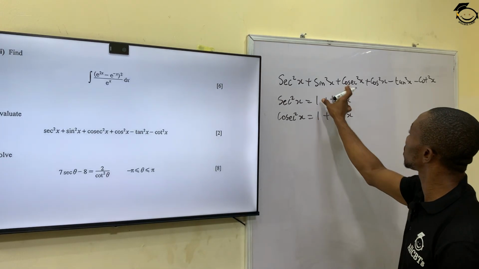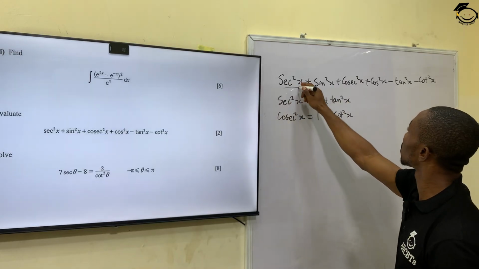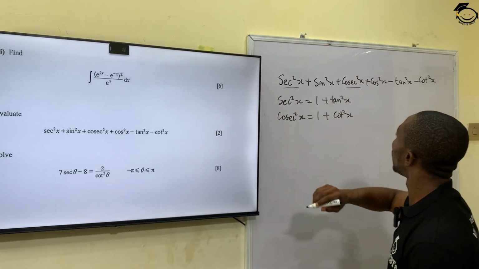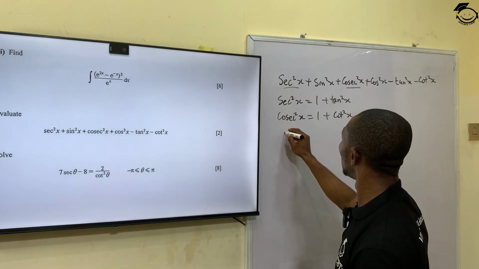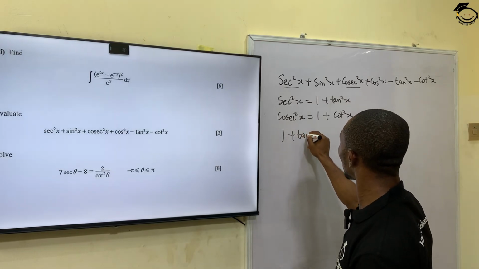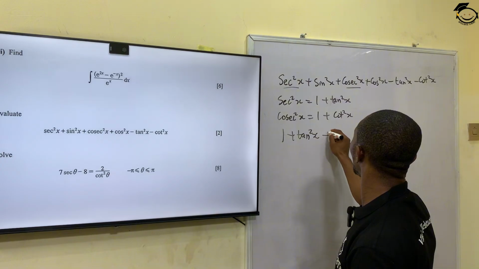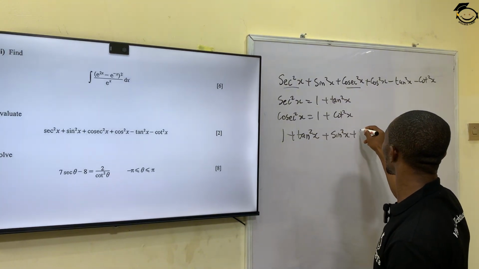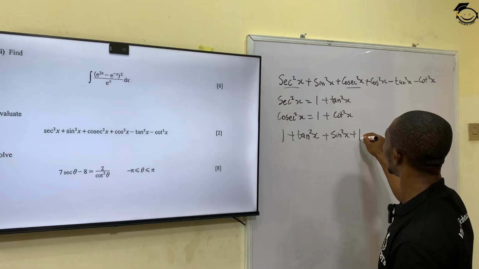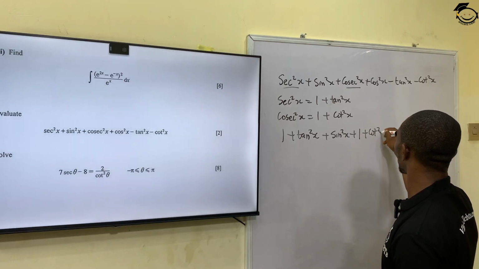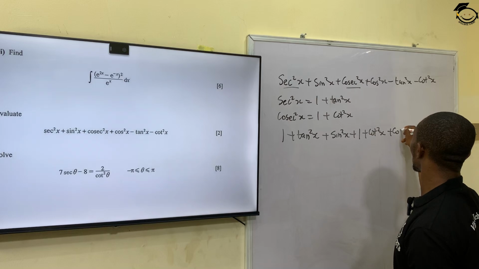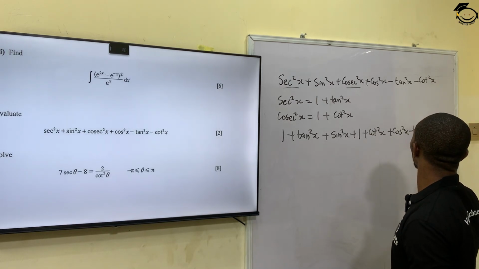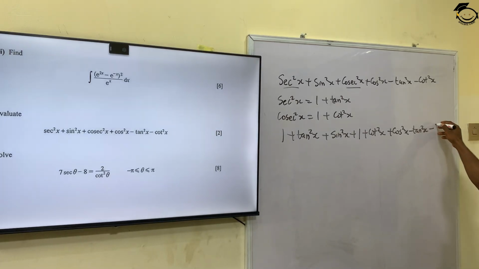Now replacing this for this and this, we have 1 plus tan squared x plus sine squared x plus 1 plus cot squared x plus cos squared x minus tan squared x minus cot squared x.